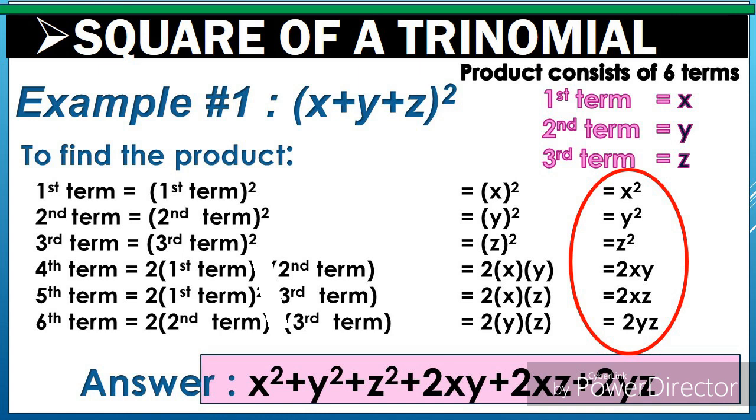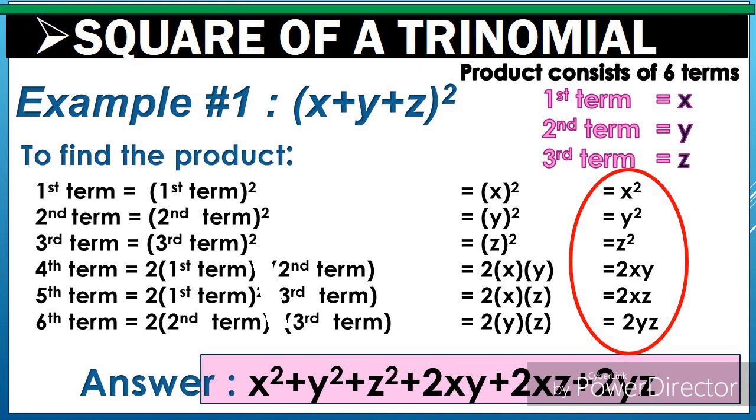To find the third term, again, we square the third term, so that is z squared. Then, to find the fourth term, we have twice the first term and the second term. So, twice means 2. 2 times x times y equals 2xy. Then, for the fifth term, we have twice the first and the third term.